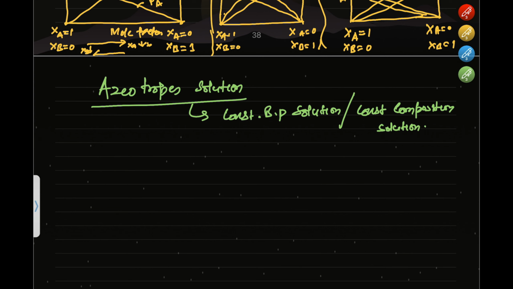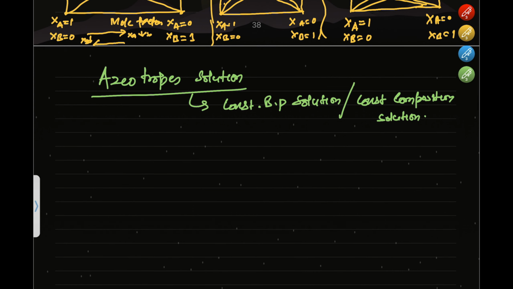What does it mean? This means azeotrope solutions are those solutions which have no change in the boiling point of the solute or the solvent after mixing.